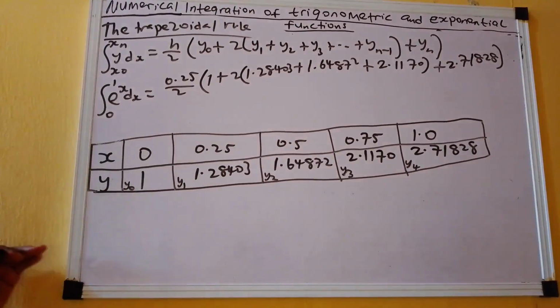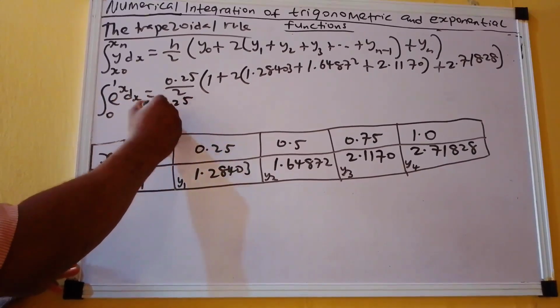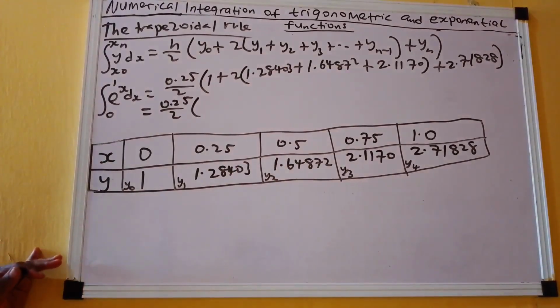So carrying out all that arithmetic, you are going to have 0.25 over 2. If you carry it out, it's going to give us a long non-terminating decimal. We will be forced to round off and cut off some numbers, which is not good for us.